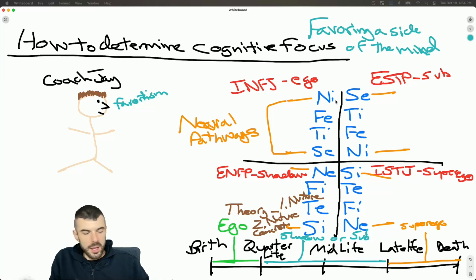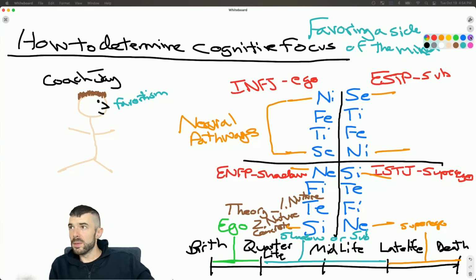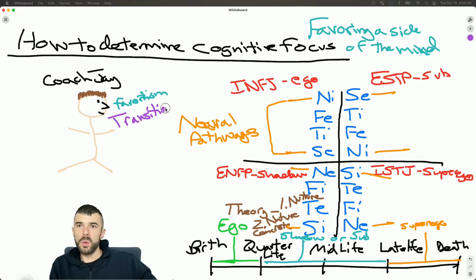Also, when you're looking at cognitive focus, another indicator of cognitive focus is also based on transition, the volume or frequency. So we'll just do frequency.